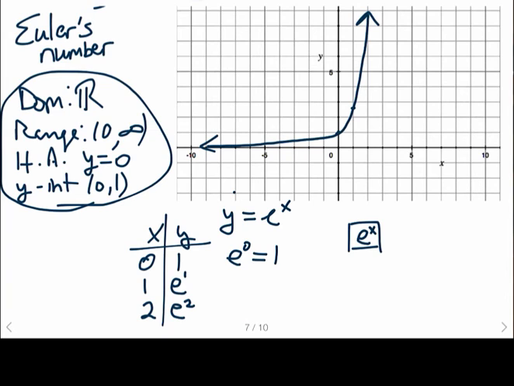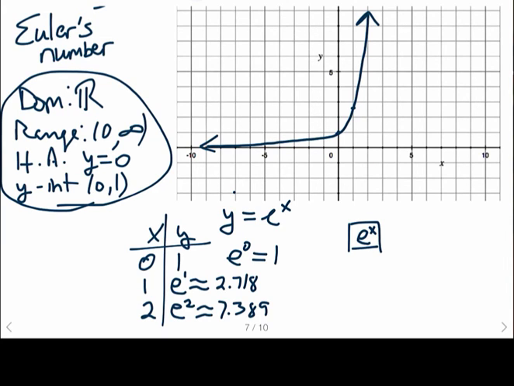And what you should do is get your calculator out and make sure that you have a way of getting it to tell you that e to the first power is about 2.718. e to the second power is about 7.389.